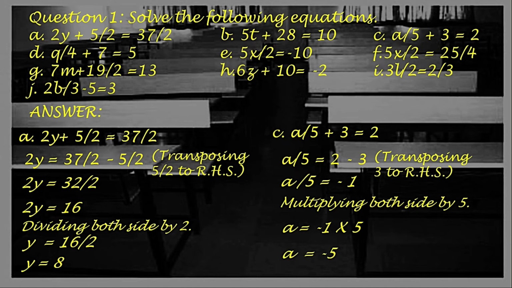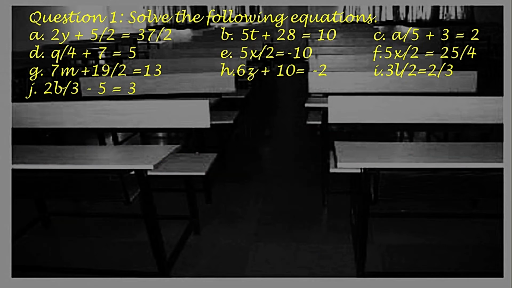Okay, now similarly see the next part. Now I am solving another type of question, and I have taken the part I: 3l upon 2 equals 2 upon 3. This question is similar. How is it similar? Because in the C part and A part we have seen that after transposing, our question becomes like this.